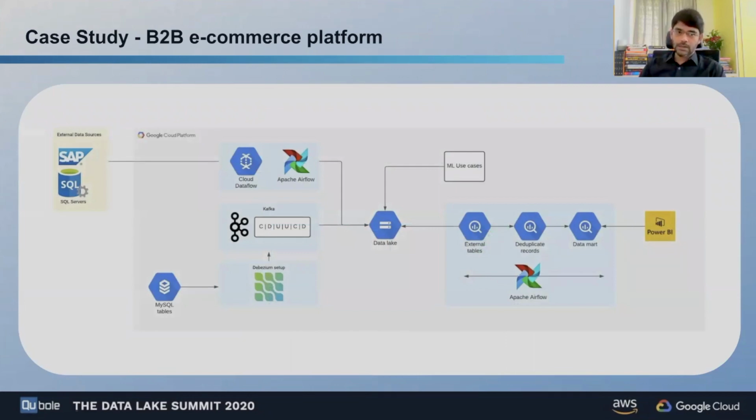So as you can see, for the third-party data sources, SAP and SQL, we're ingesting data using Cloud Dataflow and Airflow. That is for the SAP side. And then for relational databases where we need to immediately sync changes as they're happening, we use Debezium and Kafka connector.